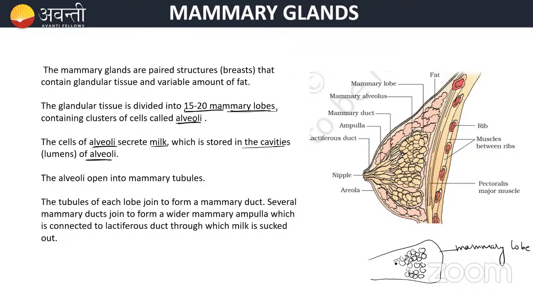And from these alveoli cells, small tubes come out. These tubes are known as the mammary tubules. These mammary tubules combine and form a common tube, which is known as the mammary duct.